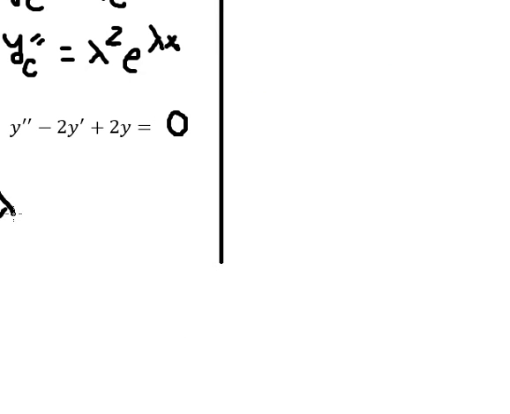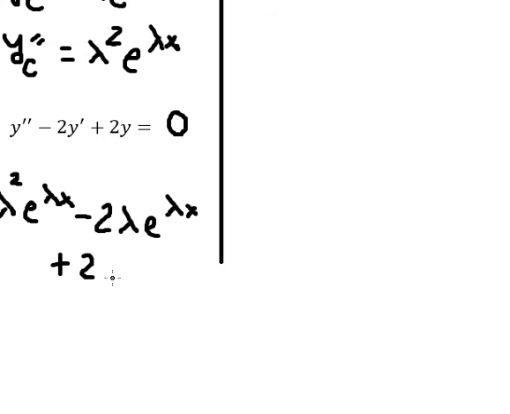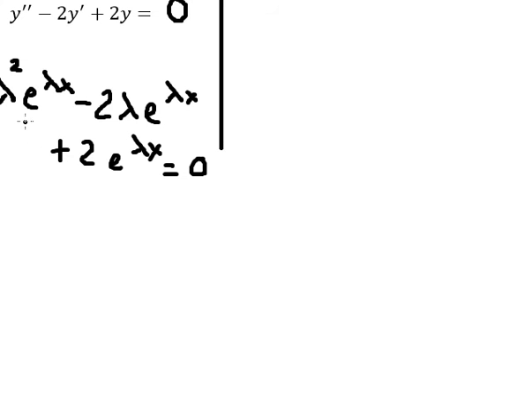So we have lambda square e to the power of lambda s minus 2 lambda e to the power of lambda s, plus 2 e to the power of lambda s. So we need to do factorization by e to the power of lambda s.